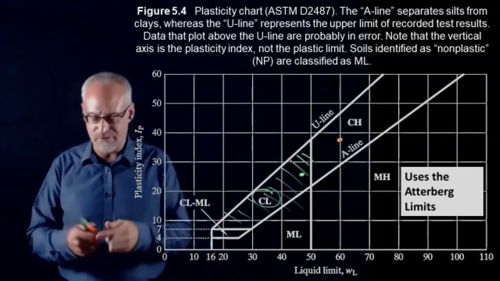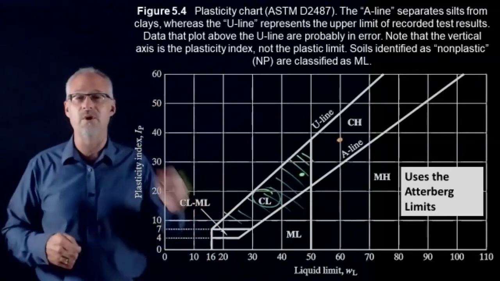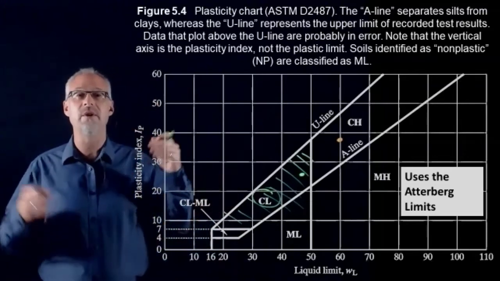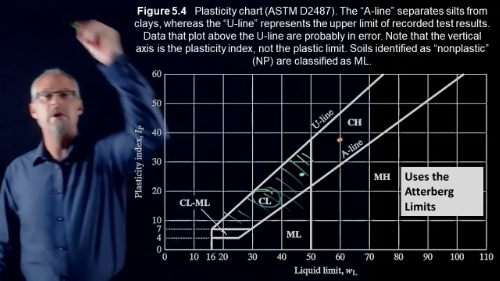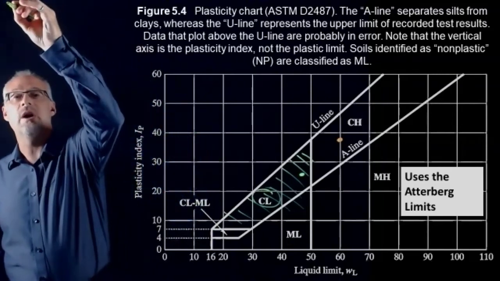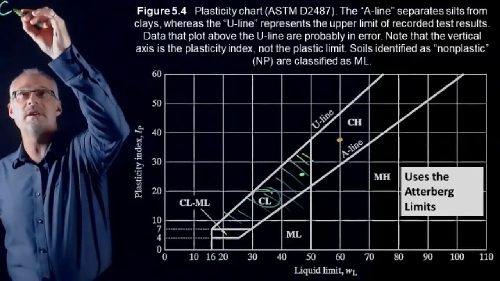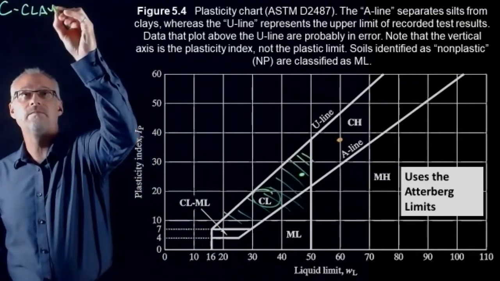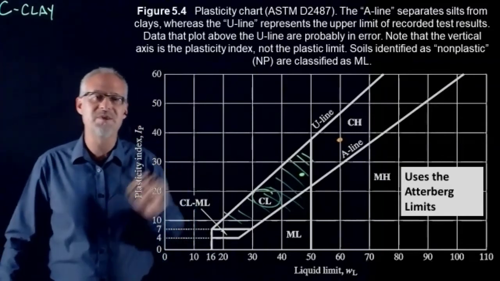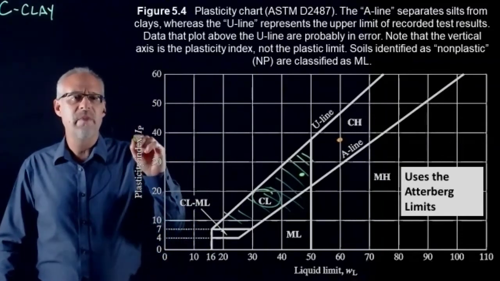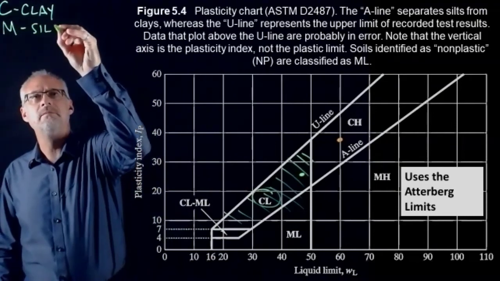Let me define what these letter codes mean. This is the beginning of what we're doing tonight, the Unified Soil Classification two-letter code system. In the two-letter codes, we use the letter C to indicate clay. M means silt.